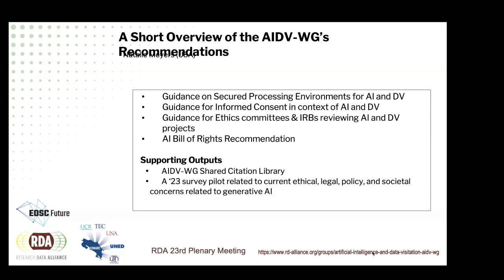Those sub-teams have worked on 4 outputs together: the guidance on secure processing environments for artificial intelligence and data visitation, the guidance for informed consent in the context of AI and data visitation, the guidance for ethics committees and institutional review boards reviewing artificial intelligence and data visitation projects, and an AI Bill of Rights recommendation, which is to be helpful for any organization to implement for its own AI deployments, developers or organization which uses a vended AI product or a tool that is vended that now has AI features.